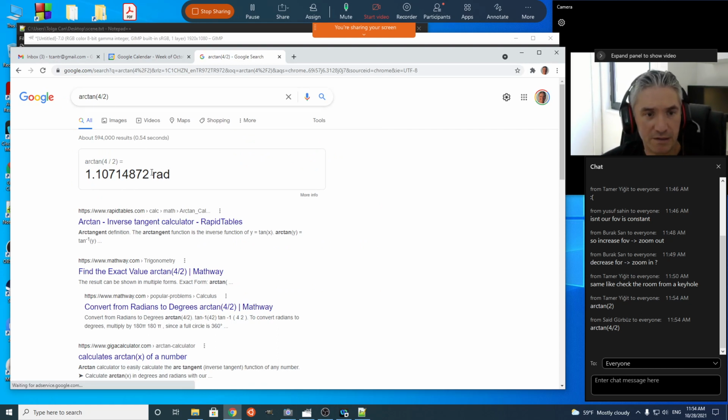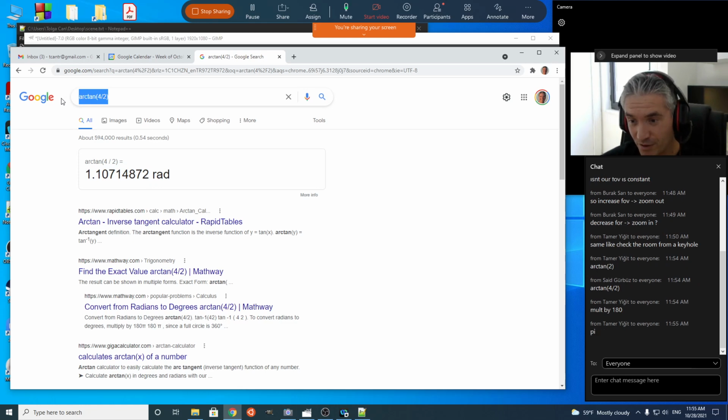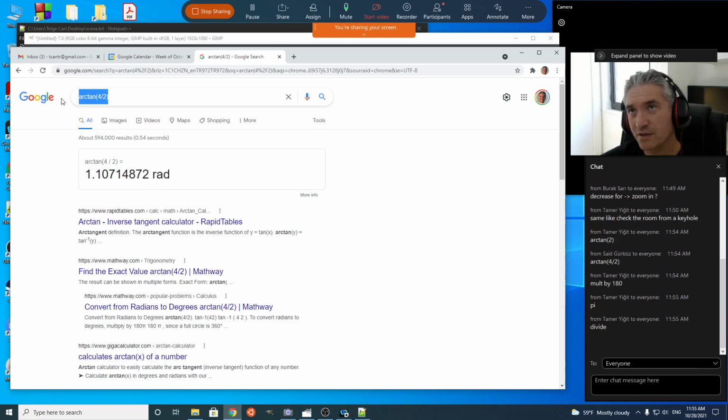I want to see it in degrees. In radians, pi is 180 degrees, so we have to multiply by 180 and divide by pi. So either 180 over pi, something like that.